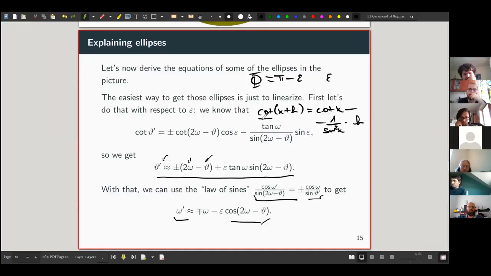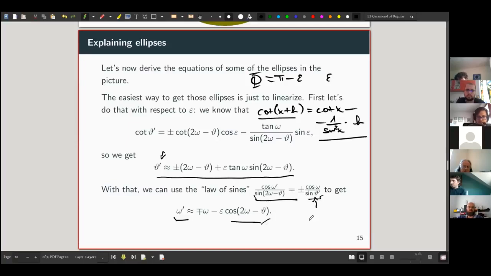So if we compare this Taylor series essentially with this equation, we find that the theta needs to be like this. And when we know how the new theta has to look like, then we can use this law of sines to get the new omega, because the new theta is right here in this sine. But when we know already what the theta is, then we have no problem linearizing.